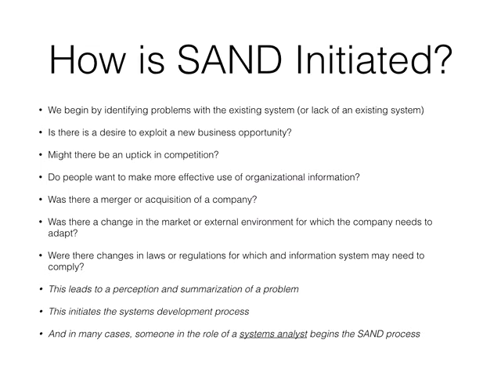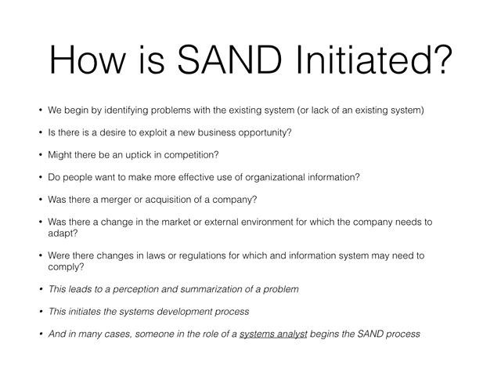There also might have been a merger or acquisition of a company. Maybe there was a change in the market or external environment for which the company needs to adapt, or there were changes in laws or regulations with which an information system may need to comply. So this leads to a perception and summarization of a problem, and this initiates the systems development process.